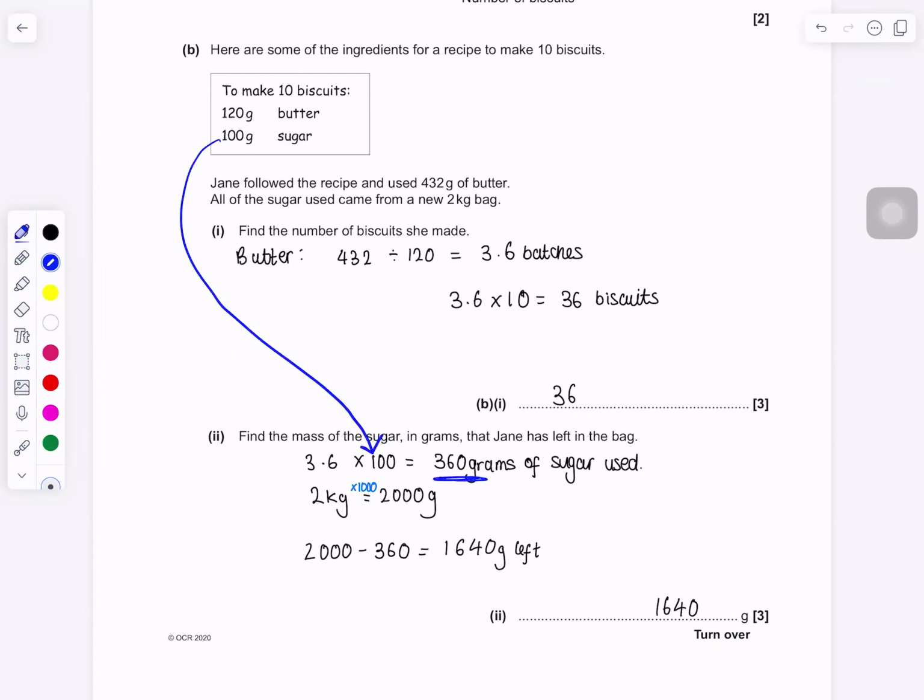So we want 360 grams of sugar used. But the sugar came how much in the bag of sugar? 2 kilograms. To change that to grams is 2 times by 1,000. So 2,000 grams. So we got 2,000 minus 360. That's what is left. Oh, okay.